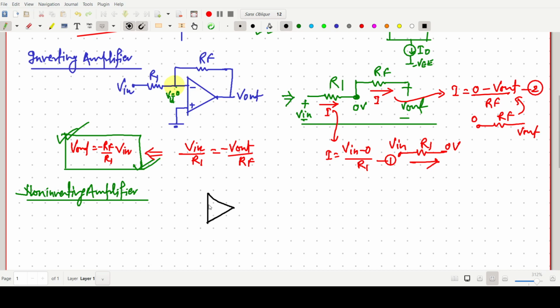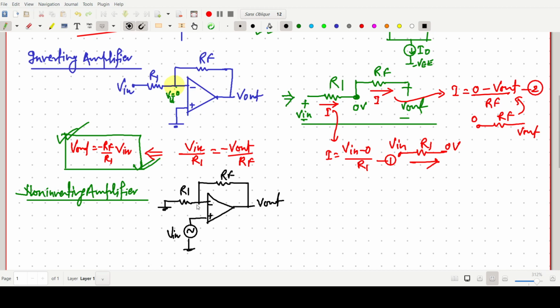Again minus, plus, and since this is non-inverting, we have to give the input at the non-inverting terminal. So mark it V in, and it should be R1, RF, V output, and this one will be the ground. Okay, so now this one is the circuit.